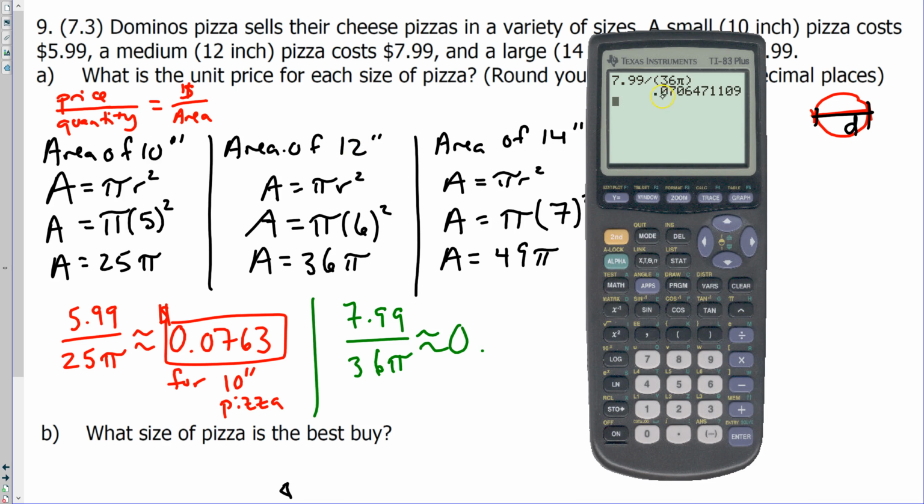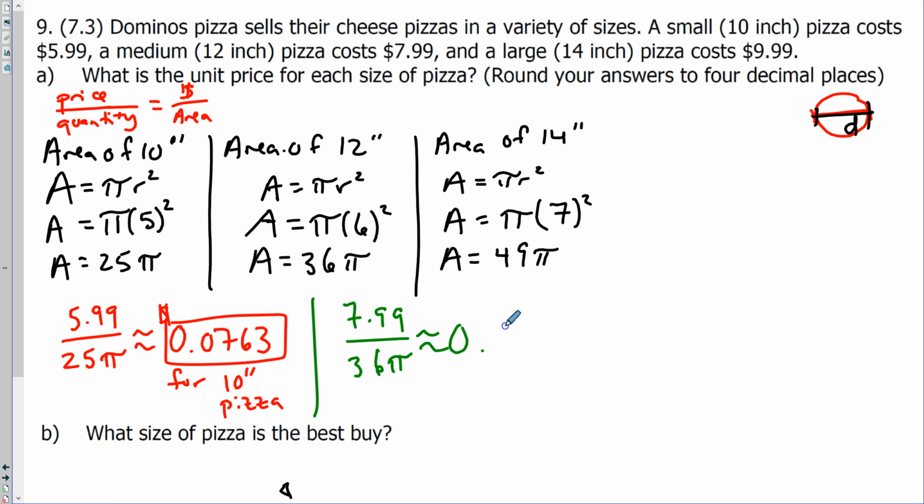And that'd be 0.0706. And this was how much it cost per square inch of pizza for the 12-inch size.